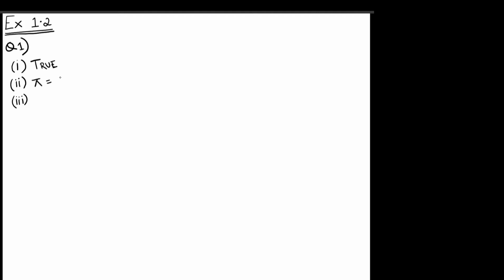We know pi is a non-terminating sequence from our earlier classes. It's roughly 3.14 is what we take when we do our calculations. However, there are multiple numbers beyond the third and fourth and fifth decimal point, and this is a non-terminating sequence.